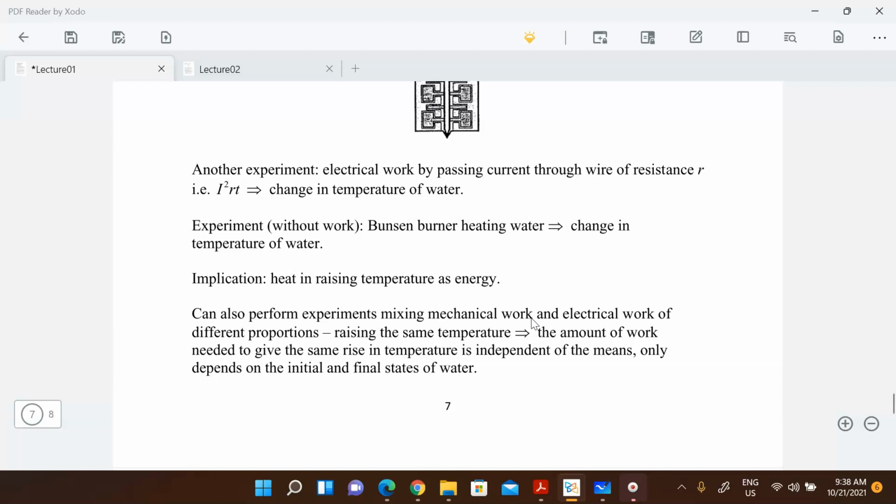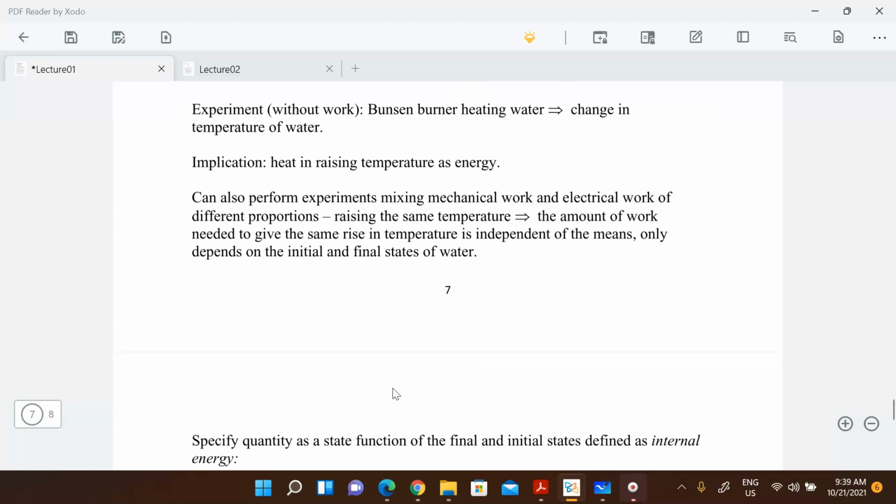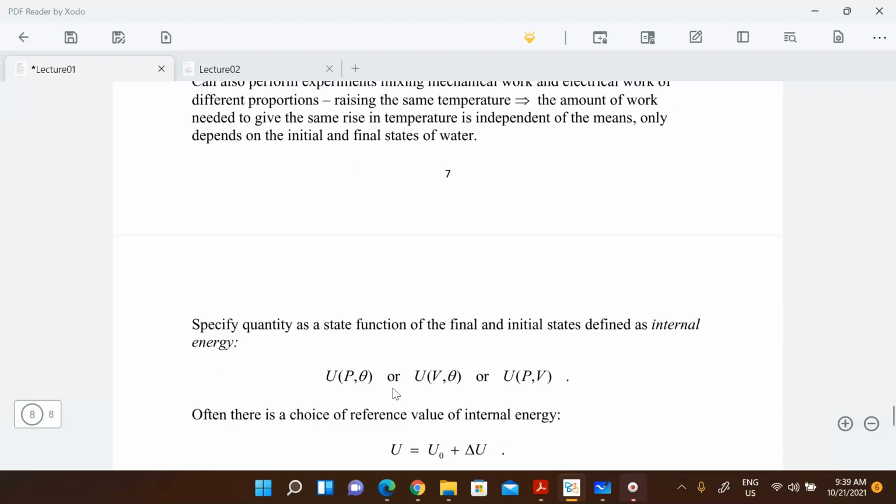The amount of work being done is the same, the total work. So what's really important is the initial state of the water, in this case the temperature, and the final state of the water. That means if we want to raise it to a certain final temperature, then you need so much work to be done. So that's the main idea.